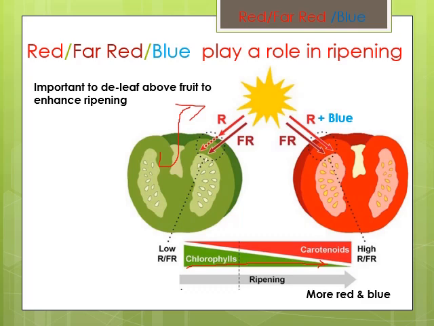And in the process, carotenoids, they're present the whole time, but they're upregulated. So there's more of the carotenoids present as the crop ripens. And that is enhanced by having more red and more blue. So we want more red and blue to achieve this, which is why it's important to de-leaf above your fruit.